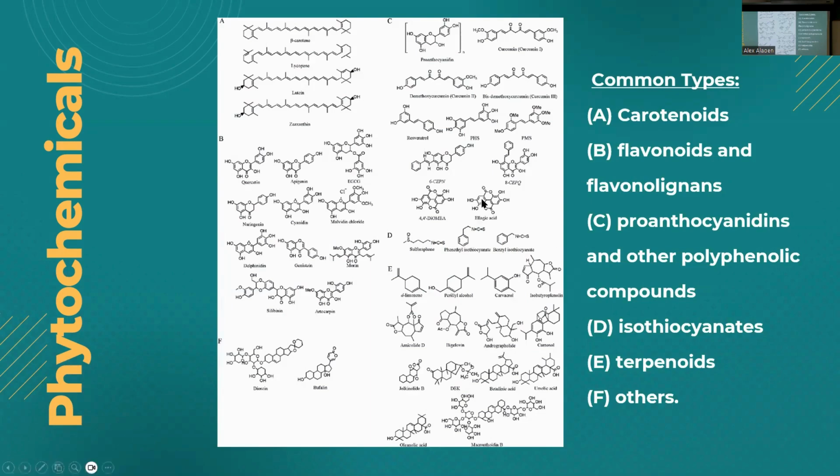You can't really see them, but there are some labels in there. These are the most common types. And as you can see, there are complex compounds that can help take in those free radicals.